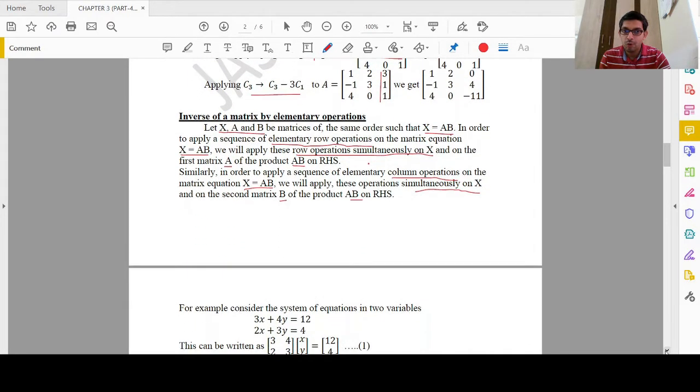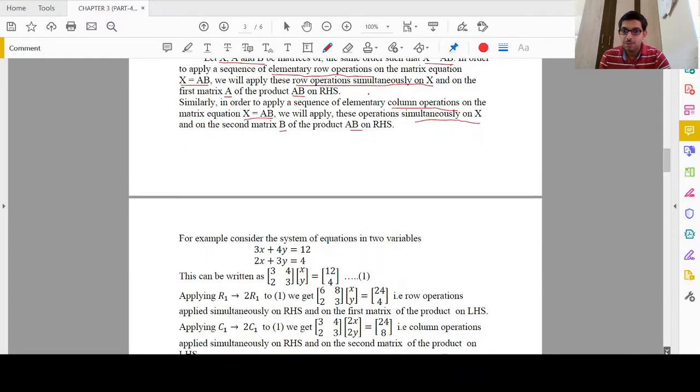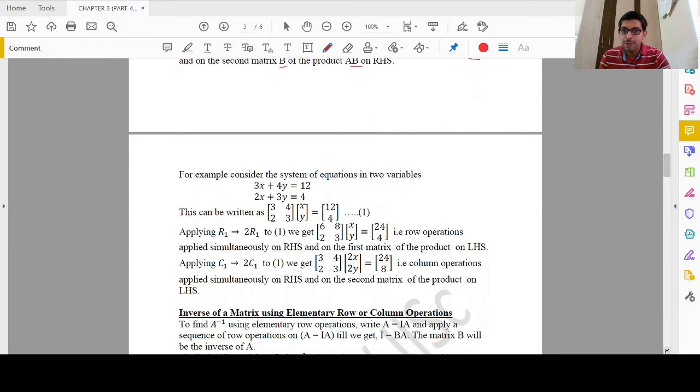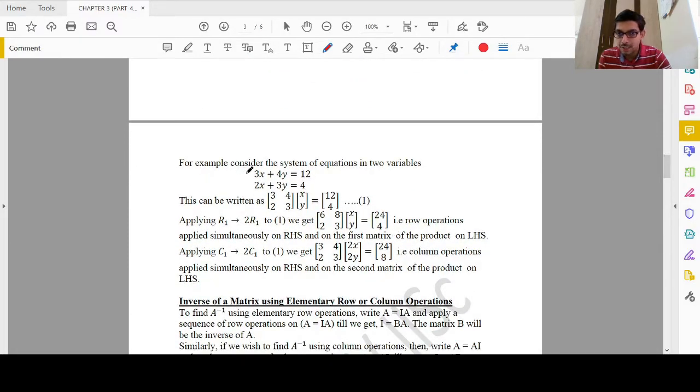What does this mean for an equation involving matrices? So you consider a system of equations in two variables, that is 3x plus 4y equal to 12 and 2x plus 3y equal to 4. So this system of equations can be written using matrices.